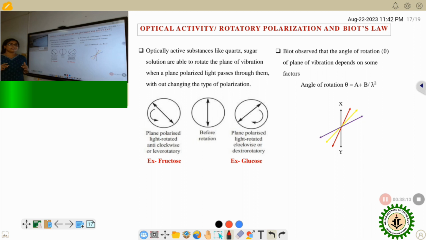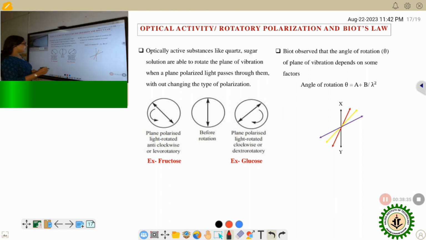Now, there are special substances which are able to rotate the plane of polarization of plane polarized light. Such substances are called optically active substances, and the phenomenon is known as optical activity or rotatory polarization.